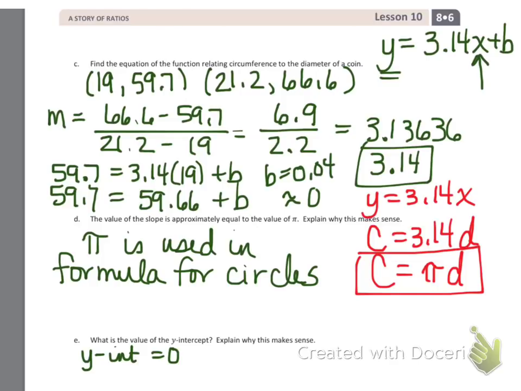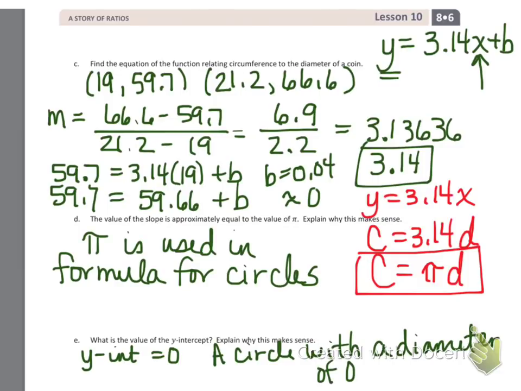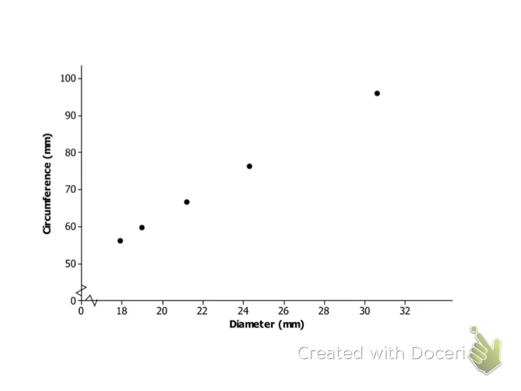So we could say a circle with a diameter of 0 has a circumference equal to 0 as well. So if the diameter is 0, the circumference is 0, and that's where we get the 0, 0 y-intercept.